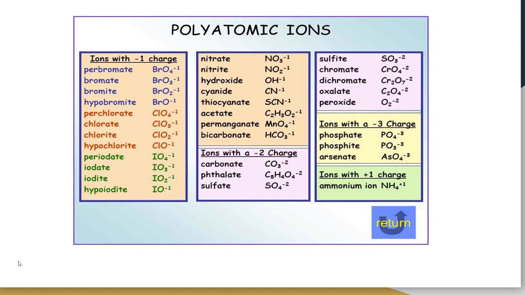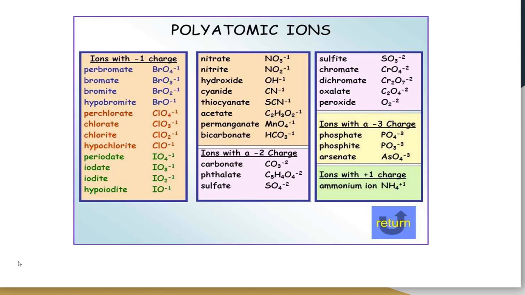So we can look at another one here. Let's look at the chlorate. So the chlorate, ClO3, has a -1 charge. If we look at one more oxygen, so we go from 3 to 4 oxygens, it's perchlorate. Again, one more oxygen, the per gets added as a prefix.